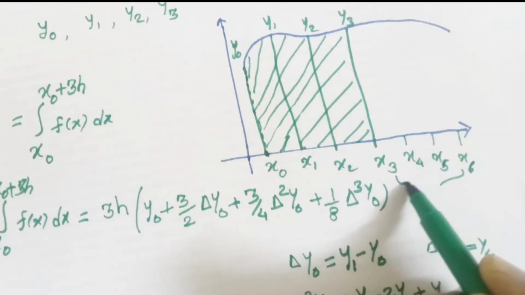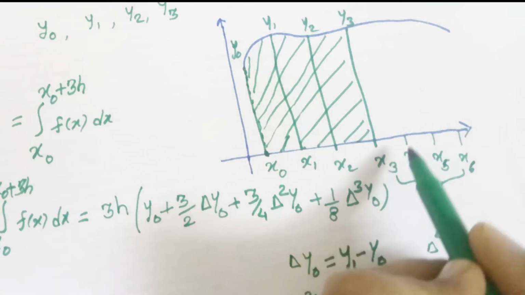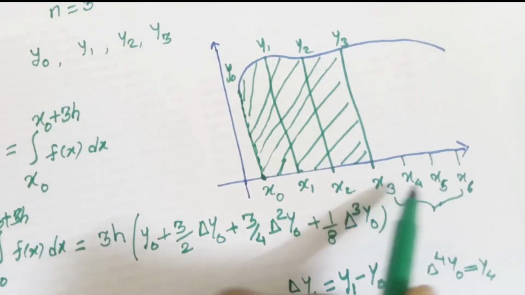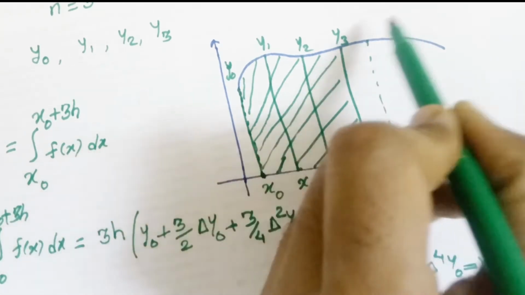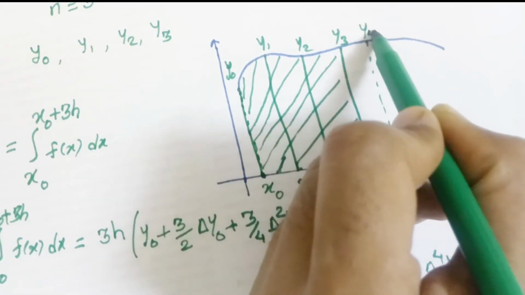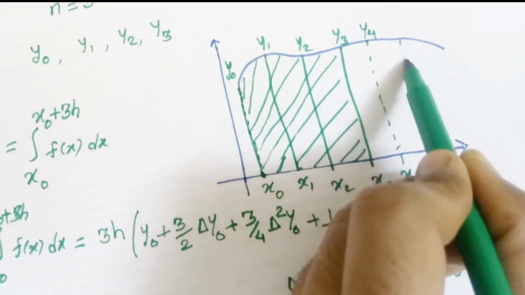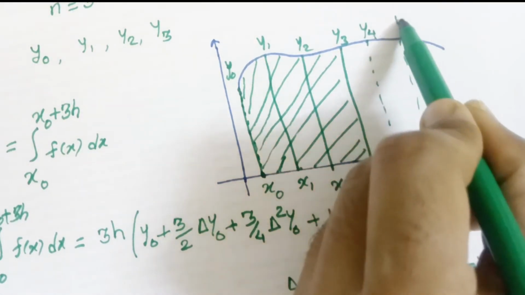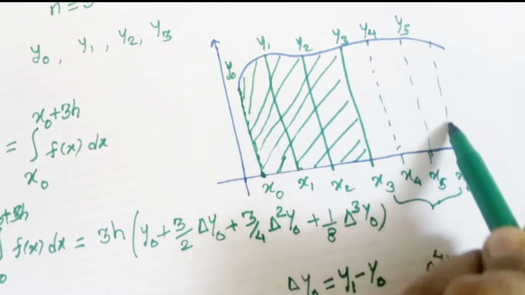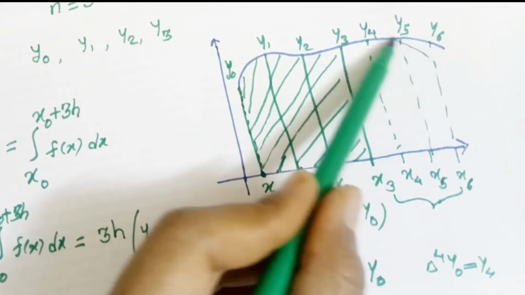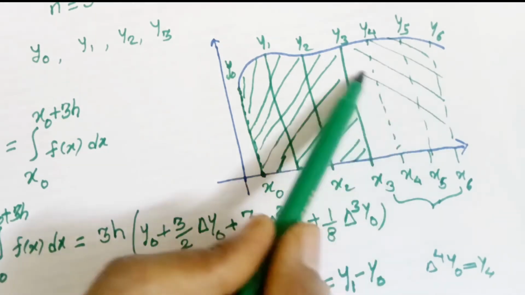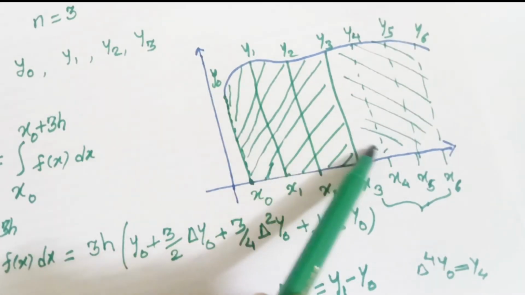This next part will be integrated, and corresponding to x3 to x6 we take the area of y3, y4, y5 and y6. The next integral we take is this part.